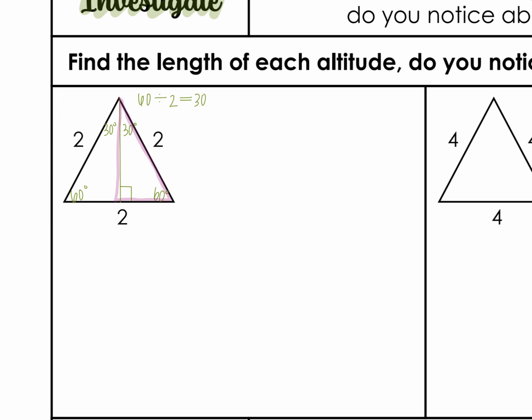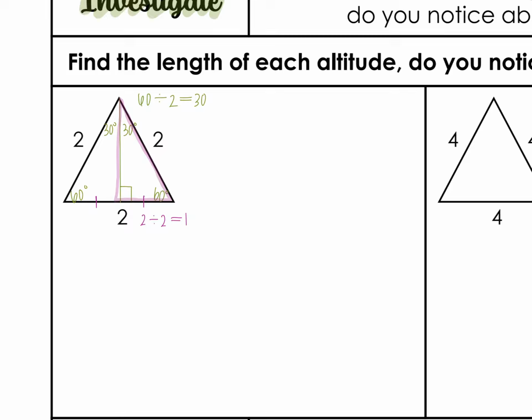And so that's going to tell me here that I'm actually going to have a length of 1. I'm going to take that 2 divided by 2 to get 1. And that's what we're going to use in our Pythagorean theorem to solve for my missing side length.